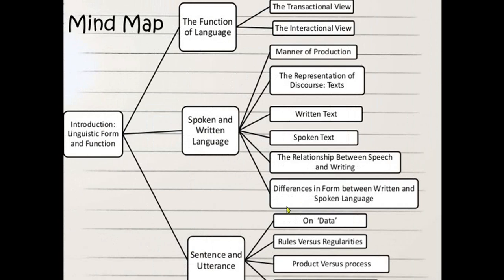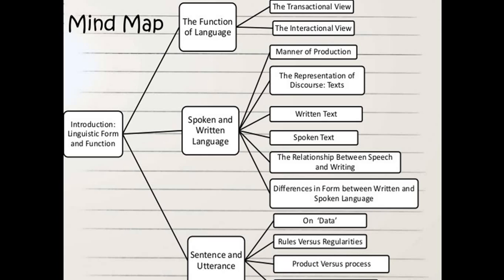We have the mind map, as they say: introduction, linguistic form, and function. The function of language is the transactional view and the interactional view. Spoken and written language: manner of production, the representation of discourse, meaning written text and spoken text, the relationship between speech and writing, and differences in form between written and spoken language.